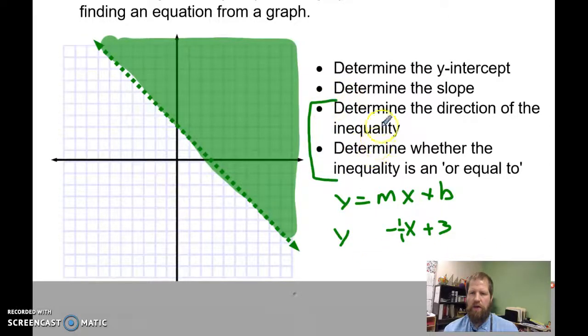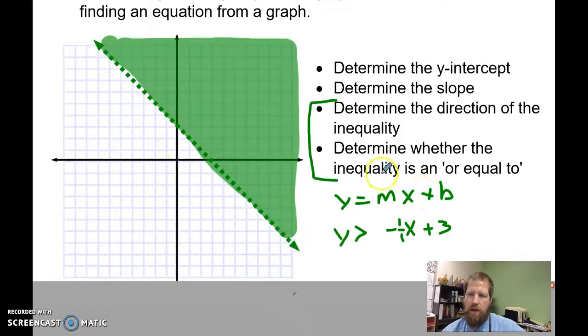And now I need to figure out my sign. The first step to figure out which way your inequality sign is pointing is to look at the shaded area. If it is shaded above the line, that means that we're looking at y is greater than. If it was shaded below the line, it would be y is less than.